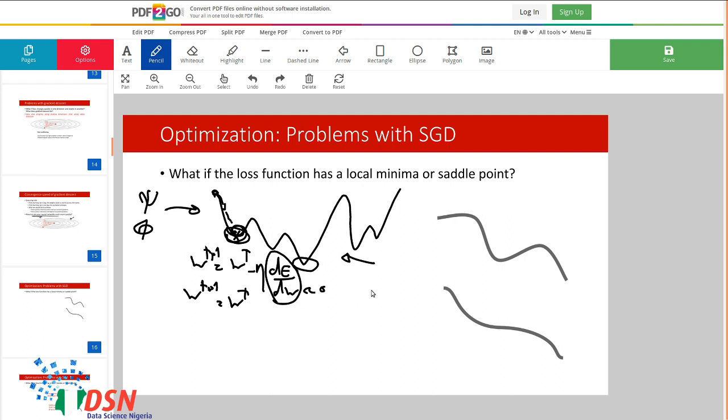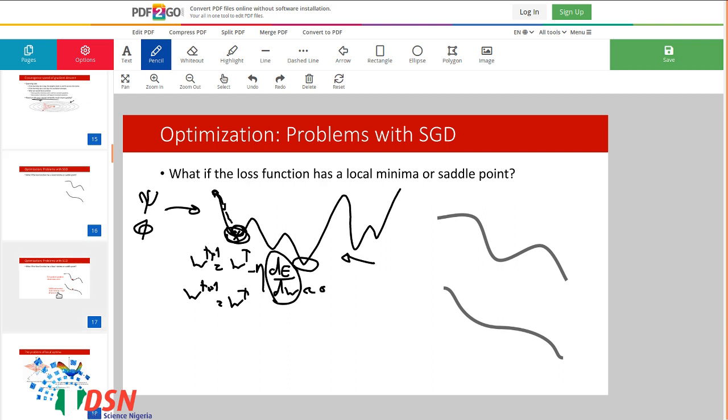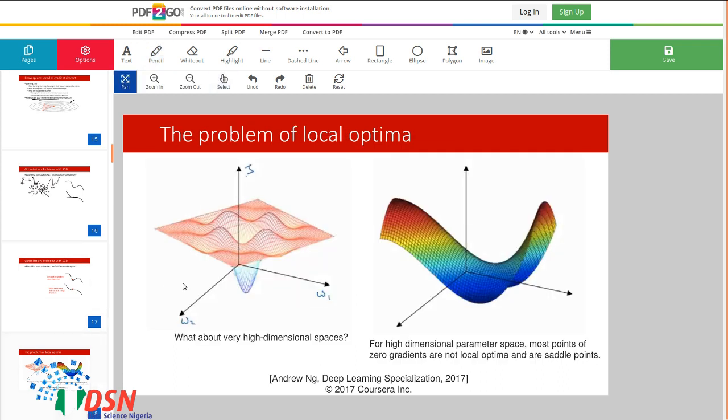The second problem is that many times you have saddle points. So you don't have a local minimum, but you have a 0 gradient here. Again, you're stuck here because of the 0 derivative term. In fact, a saddle point is something like this: in one direction you have a maximum, and in another direction you have a minimum.